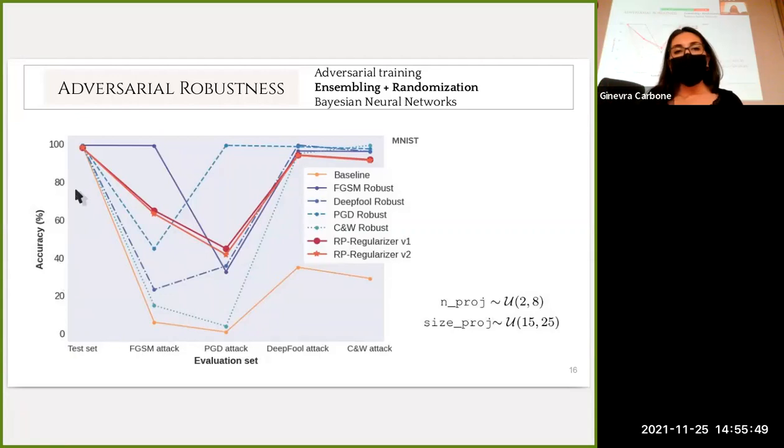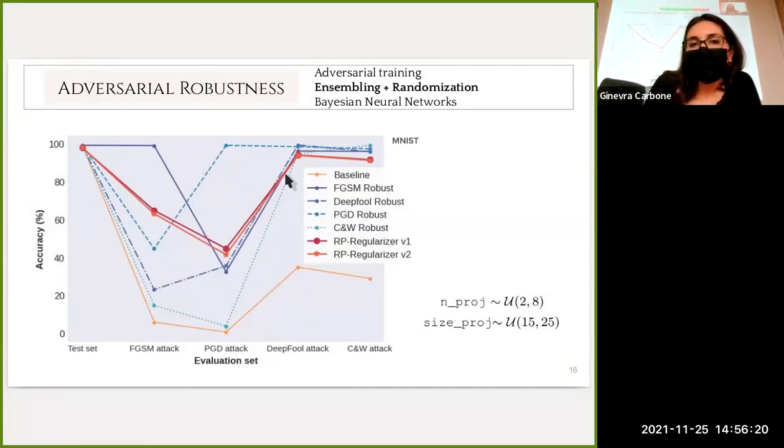We are computing test accuracy on the test set, on FGSM attacks to the test set, PGD attacks, and so on. The two red lines are the regularizers, because we actually proposed two regularization techniques, one of which is the one I showed before, and we proved that they are equivalent in the limit of infinite k. So I just showed the first one.